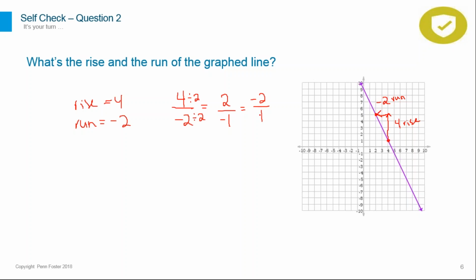So the rise and the run for the line is -2 for the rise and 1 for the run. Now, if you say that the rise is 4 and the run is -2, it's not wrong. But the way that we speak about the rise and the run is to get it from the simplest form of the slope.